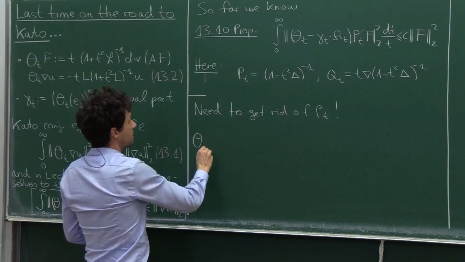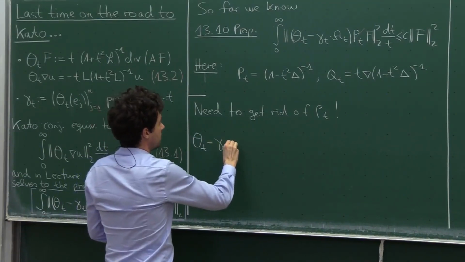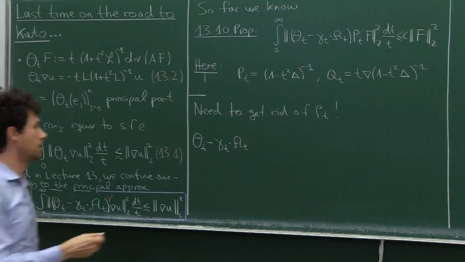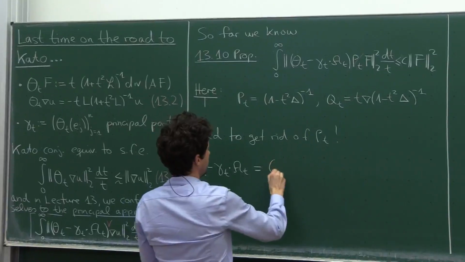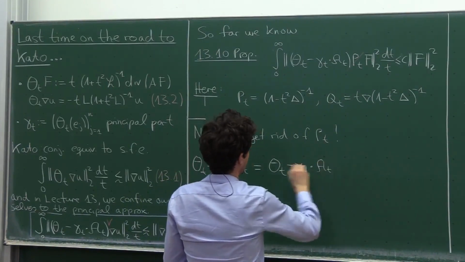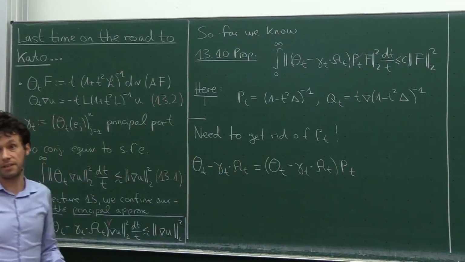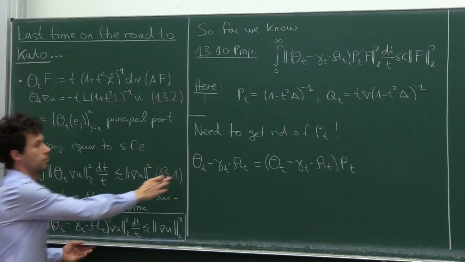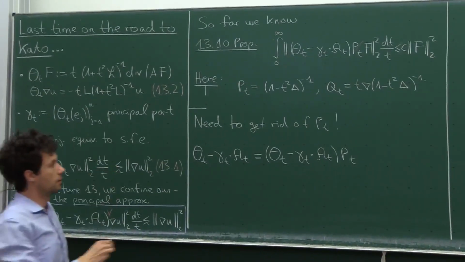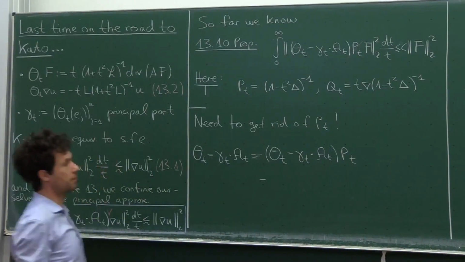So I take theta_t minus gamma_t times A_t. This is the term that I want to control. Unfortunately, I only have this one. So this is going to be an equality in the bounded operators on L2. All these operators are bounded operators on L2. So this is what I can do, but it's not the same. This is where my magic breaks down.